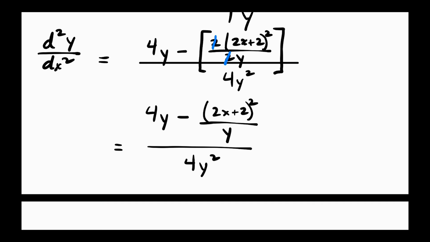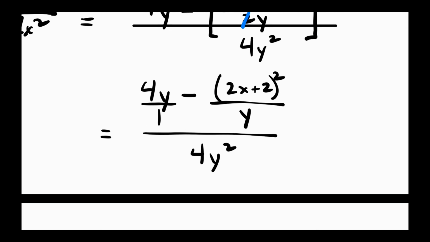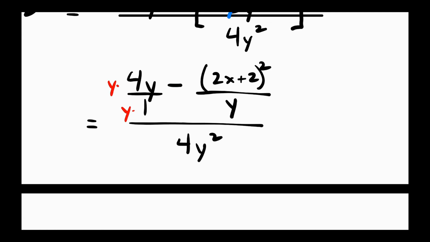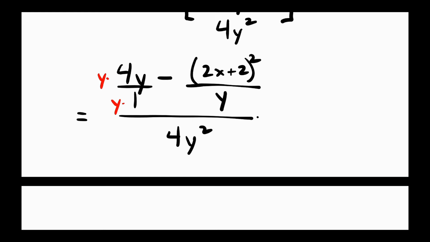So I need to give this guy a denominator. What's the common denominator between those two fractions on the top of the big fraction? Yep, 4y squared.